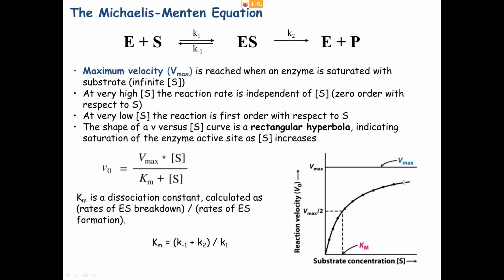Right? Anybody remember what this shape is called from high school geometry? It's not a parabola. It's a what? Where you have a line approaching an asymptote.